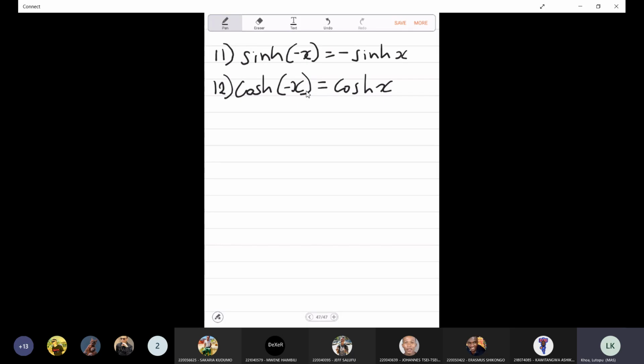And then x cubed is an odd function. Okay, because if I have 1 cubed, my answer is 1. And negative 1 cubed is negative 1, which is the negative of 1 cubed. Okay, so yeah. Then let's just finish off the list. Hyperbolic tan is an odd function.